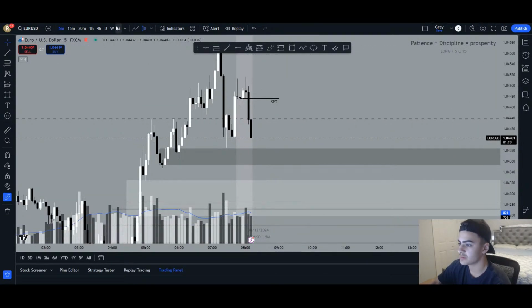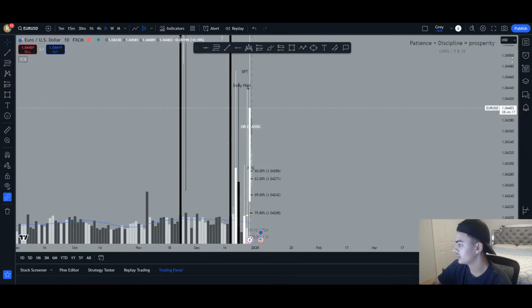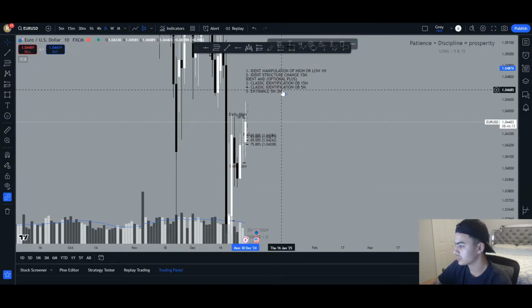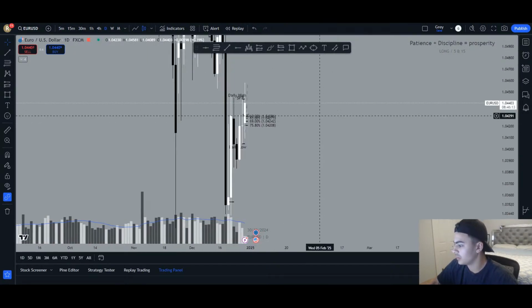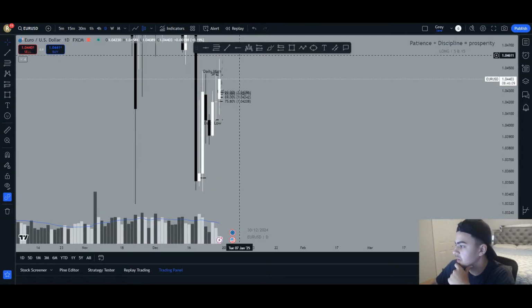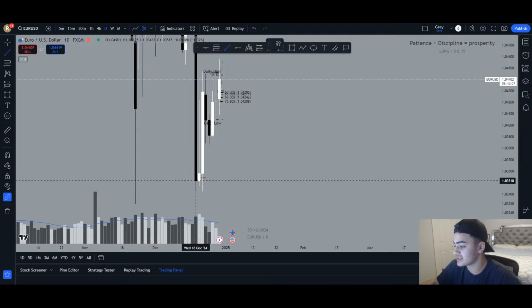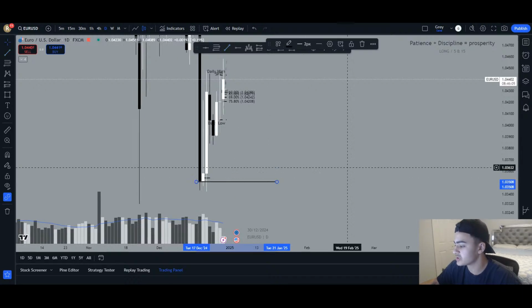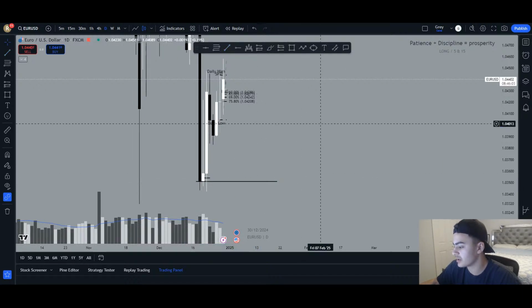If we go to the higher time frames, let's go to the daily. I was looking at this earlier. It looks very bullish. It has a bullish structure right here. Since it's on a daily bullish bias, I'm looking for buys today.